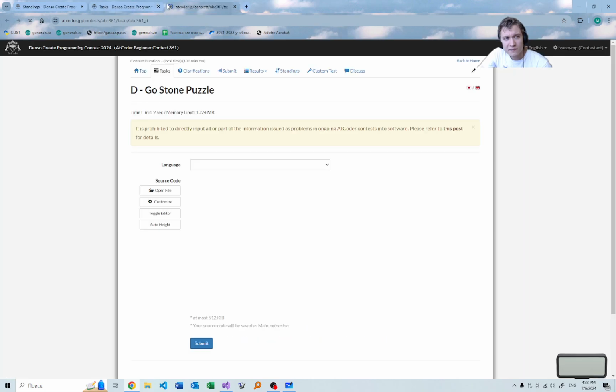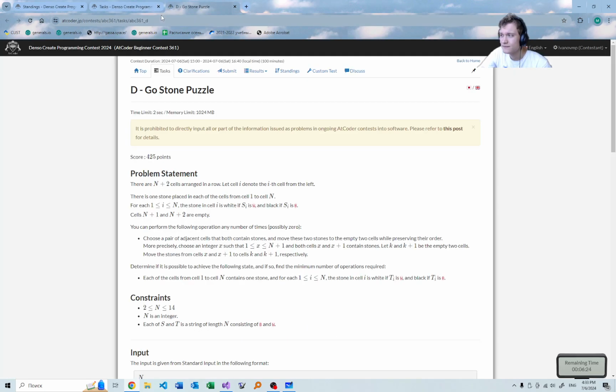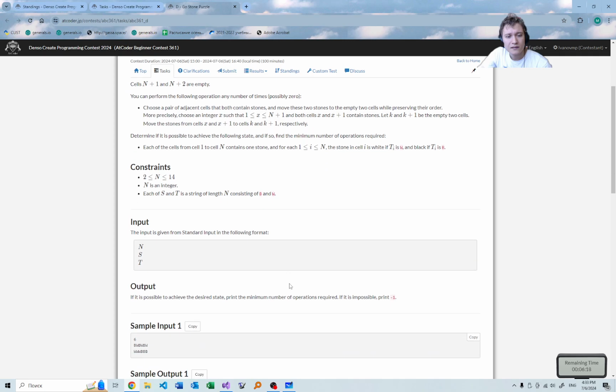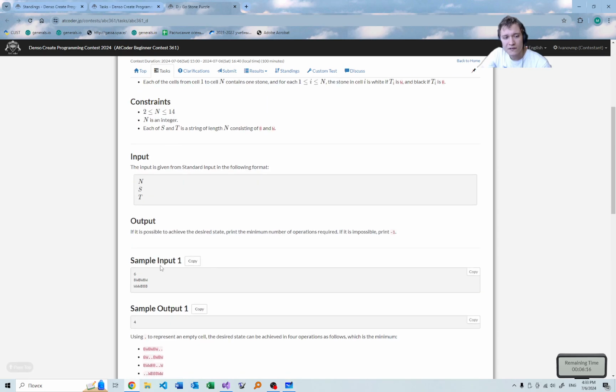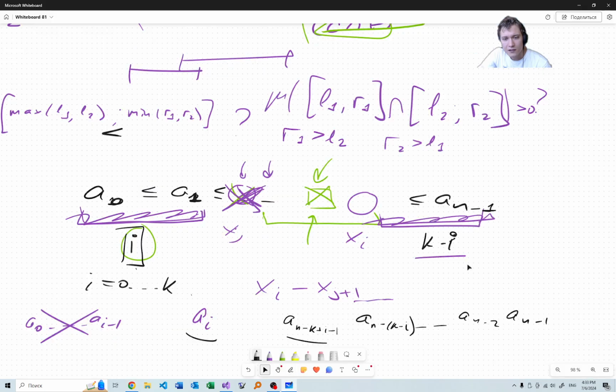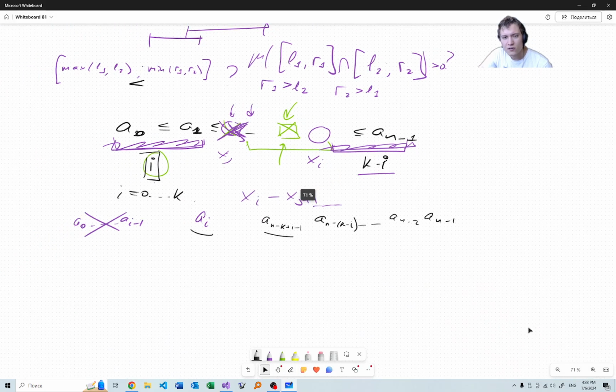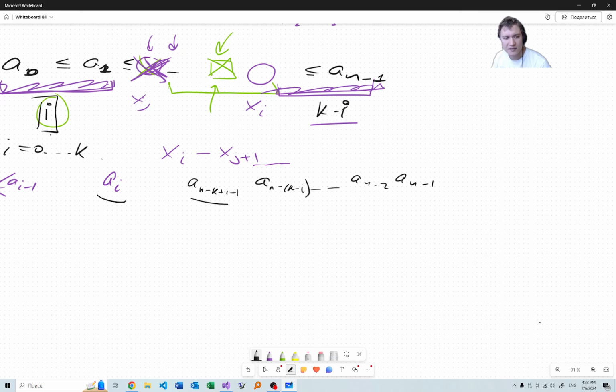Okay, problem D. You have a string which consists of B's and W's, and in the end it has two spaces, two empty slots, and another string of the same format.